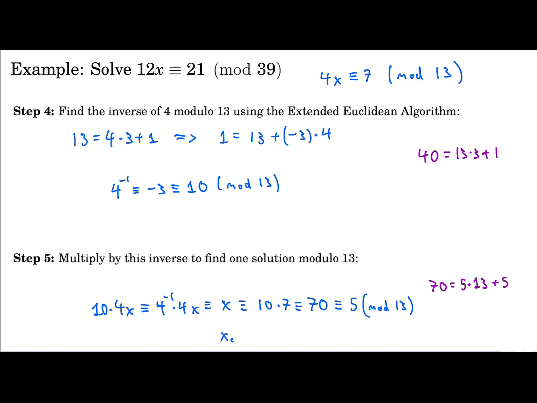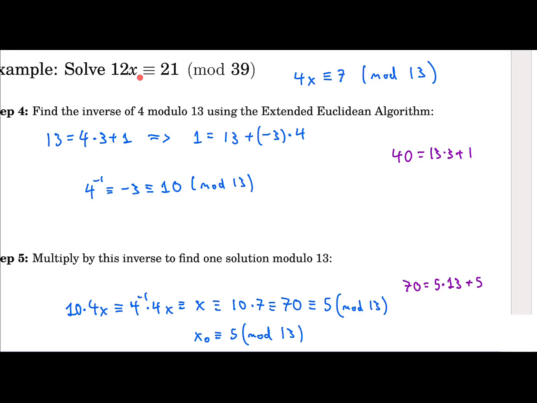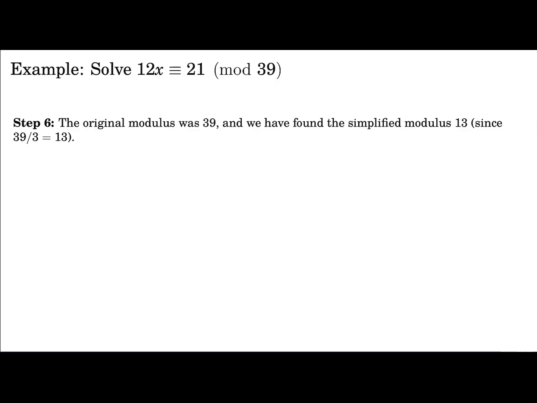So x0 congruent to 5 mod 13 is one of the solutions to this over here. But remember, we are interested in solving this because we want to solve this. So we need to go back to our original. So now what happens is that the original modulus was 39, and we have found the simplified modulus 13. And since 13 times 3 is 39, we're going to have 3 solutions.